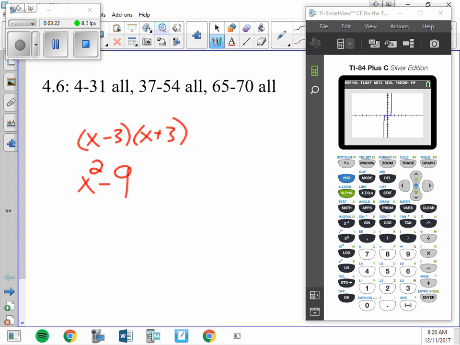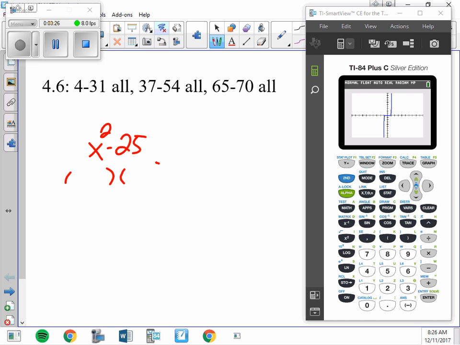Okay. If I had x squared minus 25, how does that factor? x minus 5 and x plus 5. We call this a DOPS, difference of perfect squares, and we call these conjugates. Okay. What about x squared plus 1?